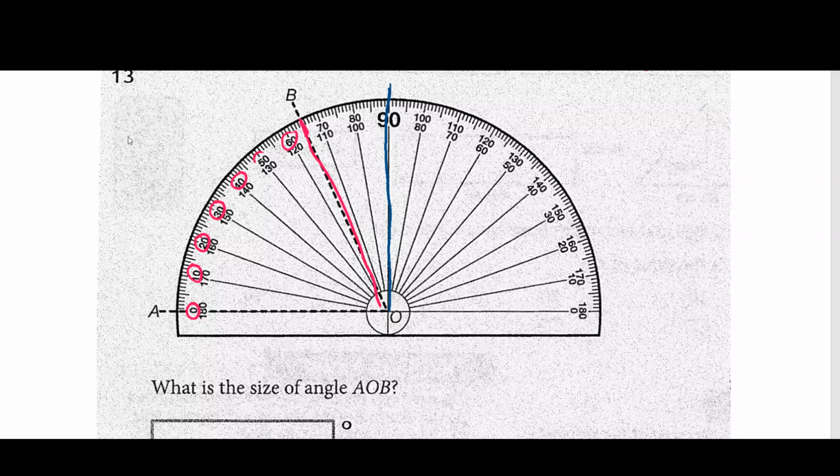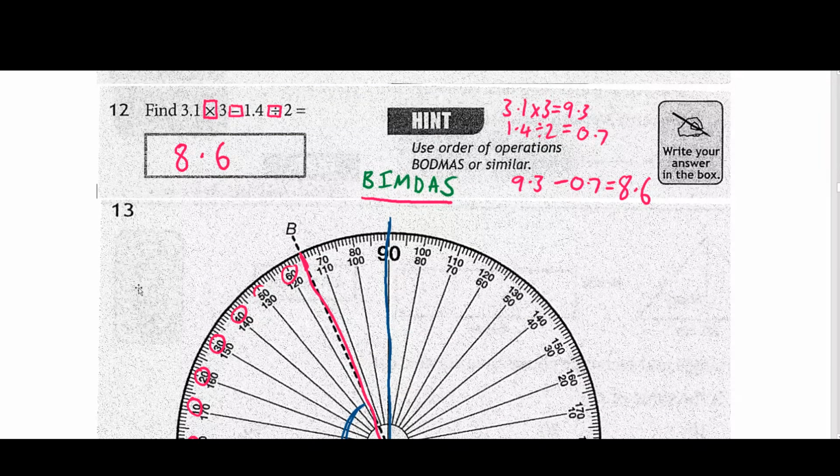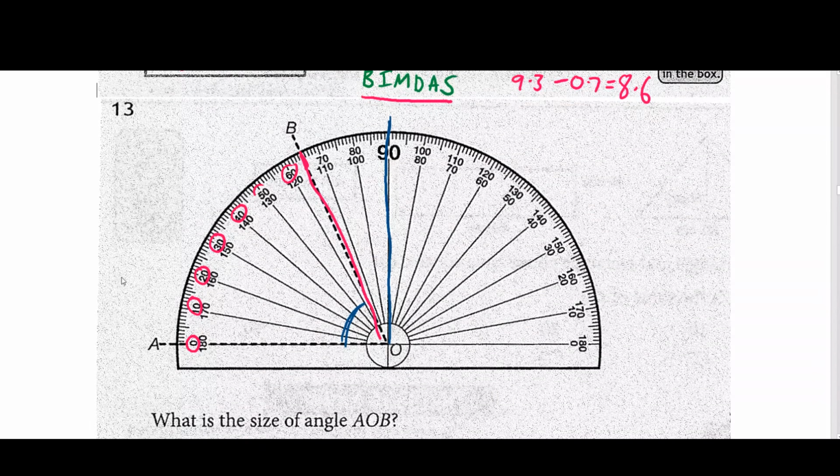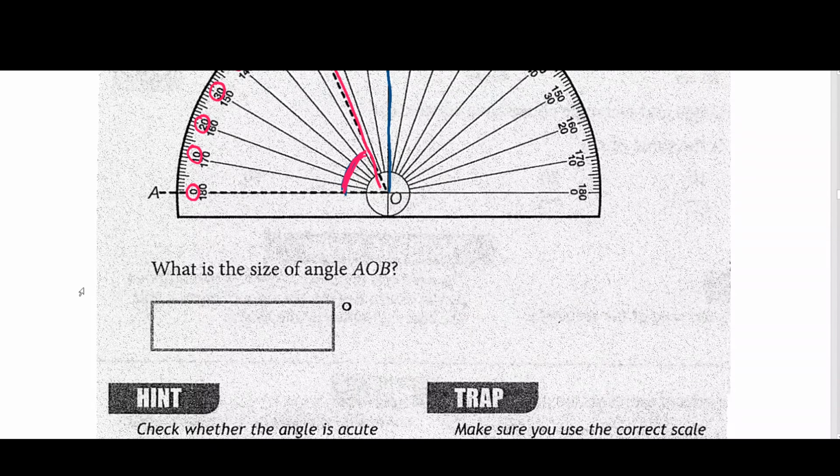And because this angle in here is less than the 90-degree angle, we use the small number, and that gives us 65. So what is the size of angle AOB? 65 degrees.